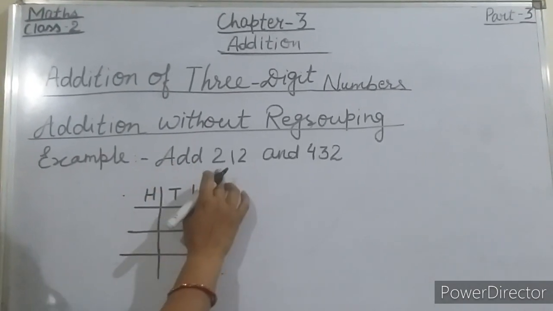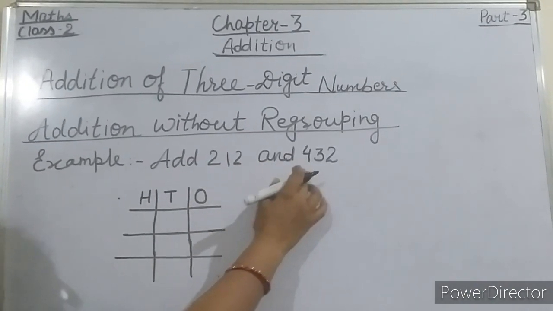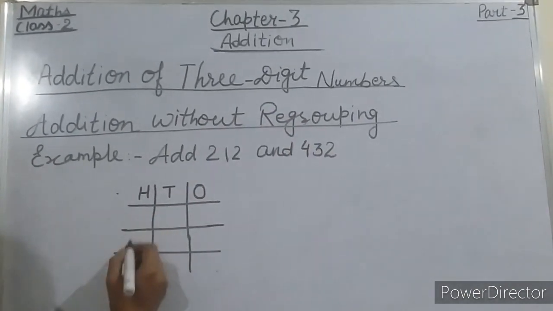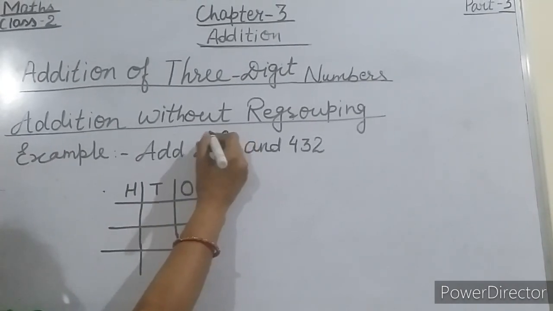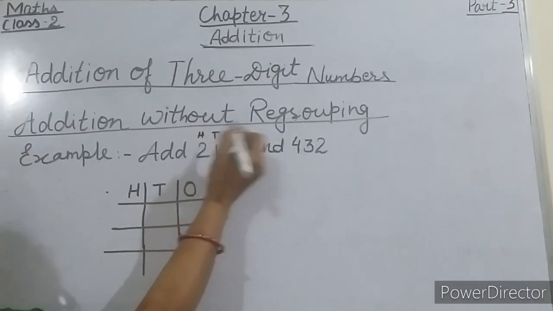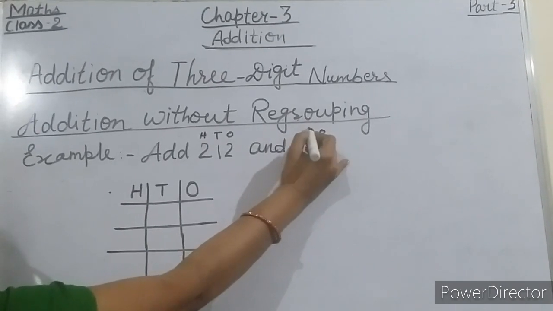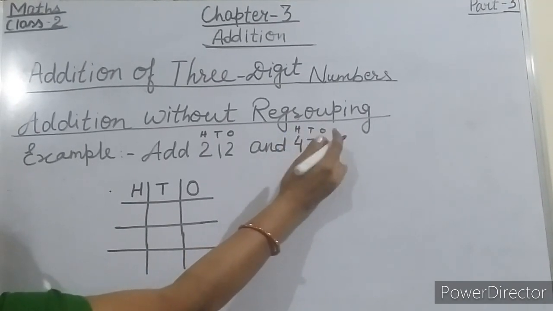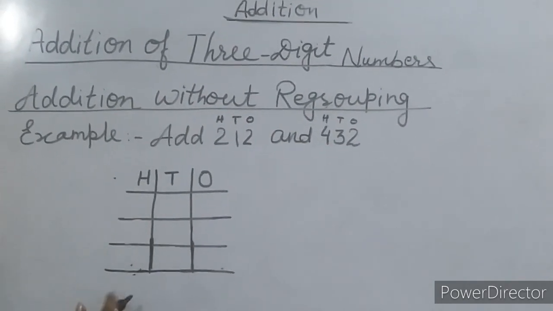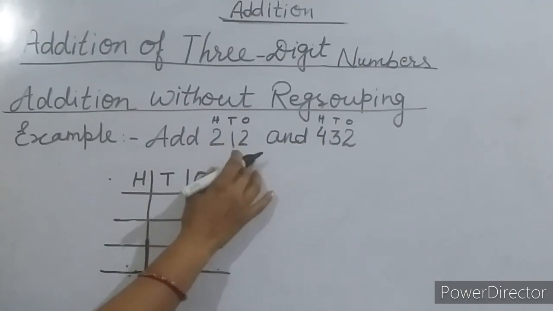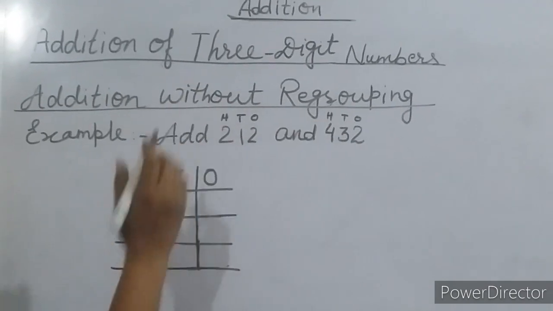So add 212 and 432. First of all see ones, tens, hundreds. Here also ones, tens, hundreds. So arrange these numbers in the column, 212 and 432.